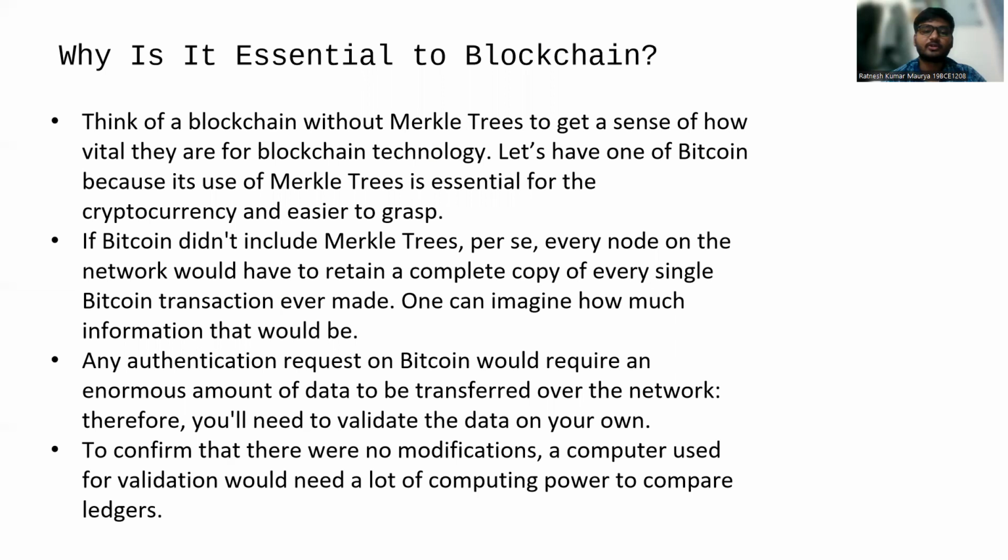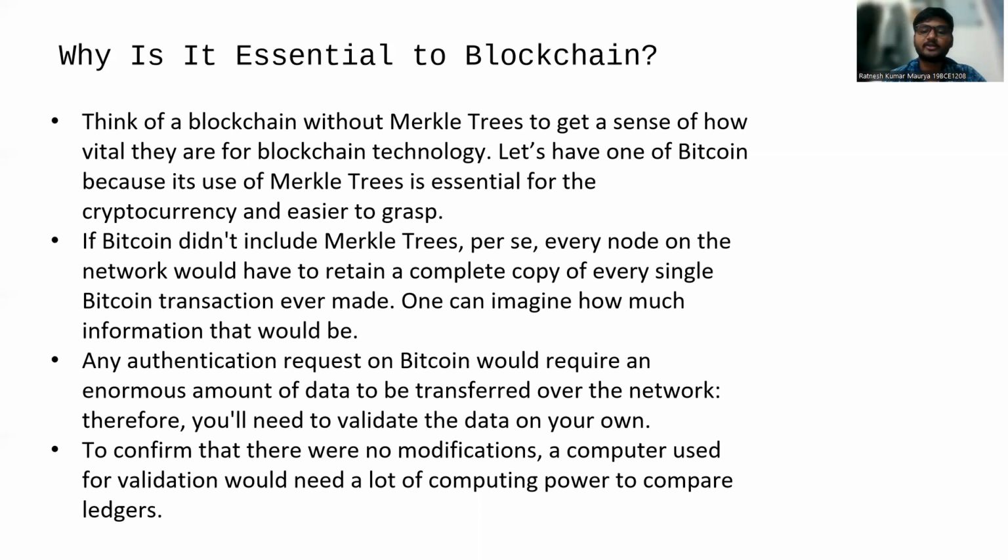Every node on the network would have to retain a complete copy of every single Bitcoin transaction ever made. Imagine how big that data can be. An authentication request on Bitcoin would require an enormous amount of data to be transferred over the network.